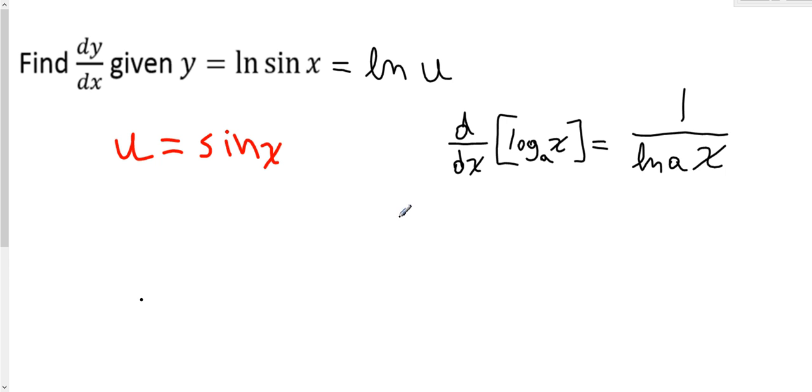So the chain rule version is for the derivative with respect to x not of the log base a of x, but of the log base a of u.